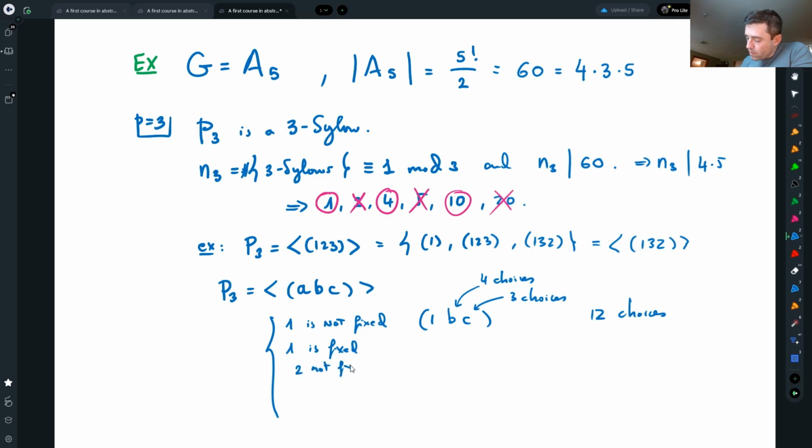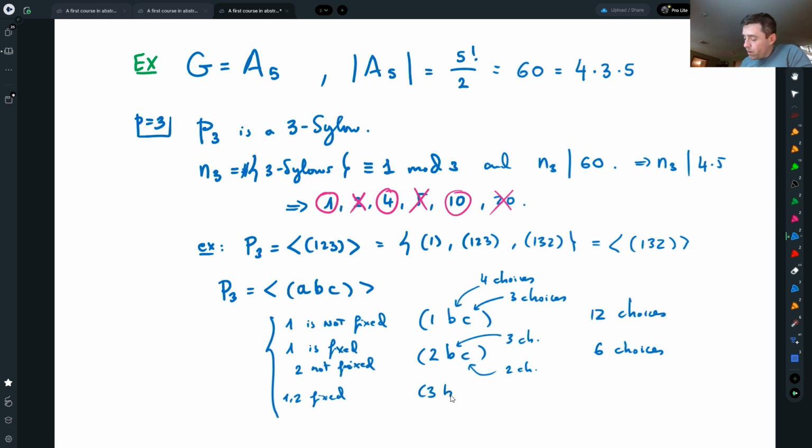Now, if 1 is fixed but 2 is not fixed, the permutation starts with a 2 and then B and C. B cannot be 1 because 1 is fixed, so there are 3 choices here and 2 choices here. This gives 6 additional choices. If 1 and 2 are fixed, I only have 3 letters left, 3, 4, and 5, so 3 cannot be fixed.